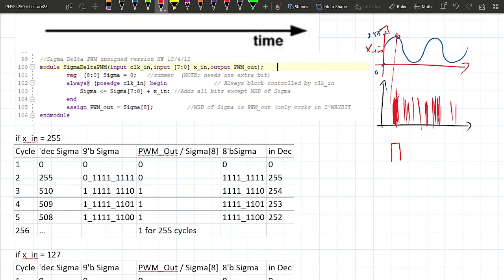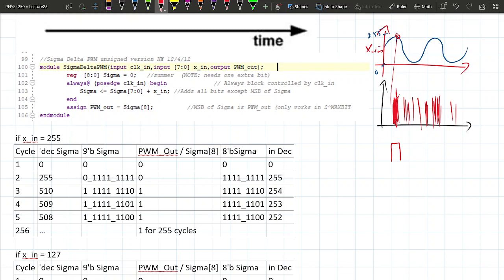This column here is going to determine whether or not the pulse is going to have a high output. Then I'm going to line up the 9-bit sigma and the 8-bit sigma with each other so that we can play around with the numbers.